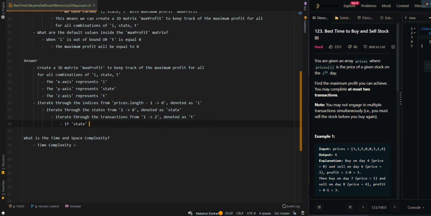Now, if state is equal to 0, we're currently in our buy state. We have two choices. We want to pick the maximum profit between buying at the current stock or just skipping the current stock.